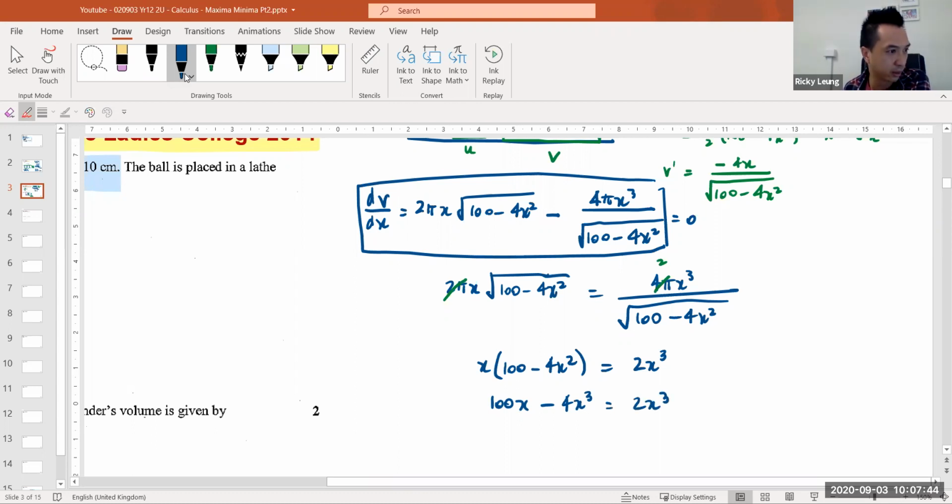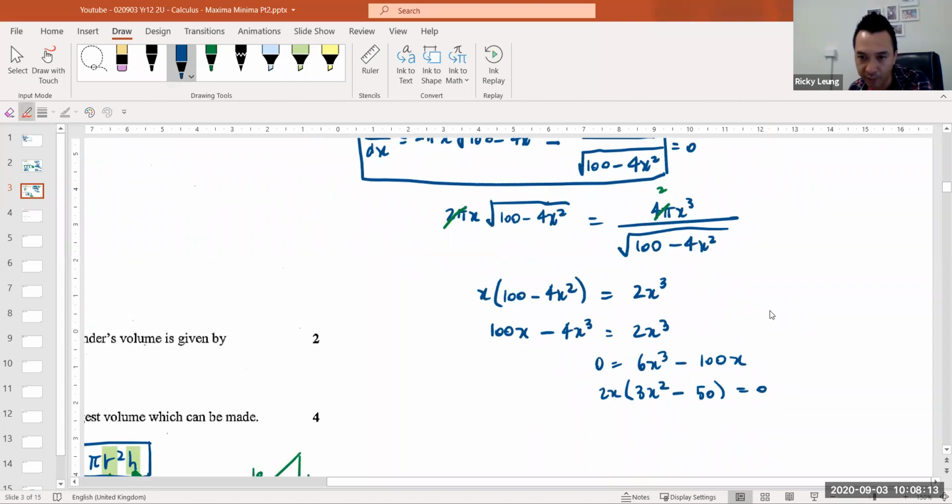Let me have a quick glance, make sure I'm on the right track. Looks to be fine. Let's move everything over to the right. So 0 equals 6x cubed minus 100x. If I factorize 2x from there, I get 3x squared minus 50 equals 0. You can solve that.